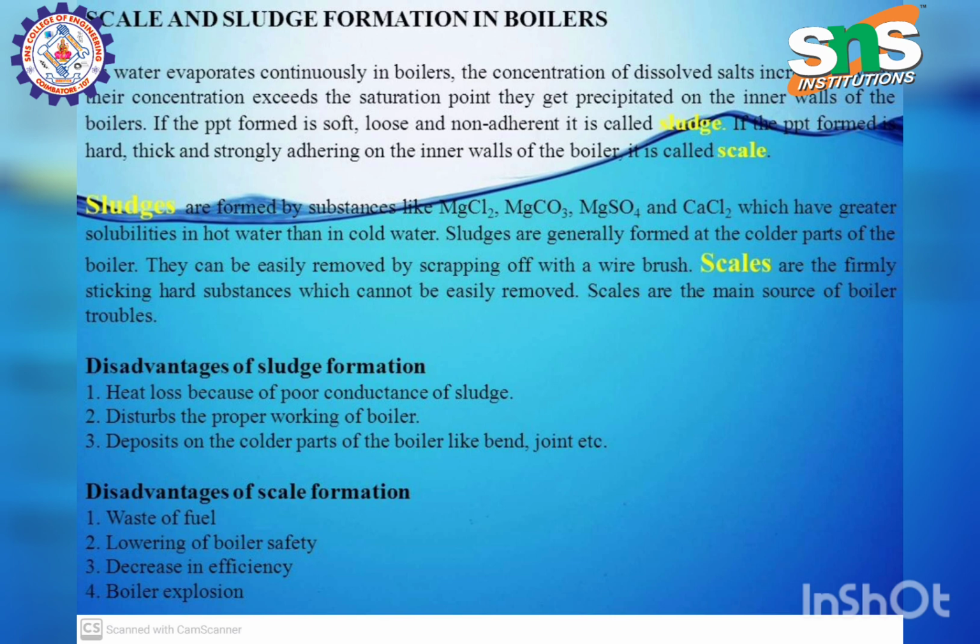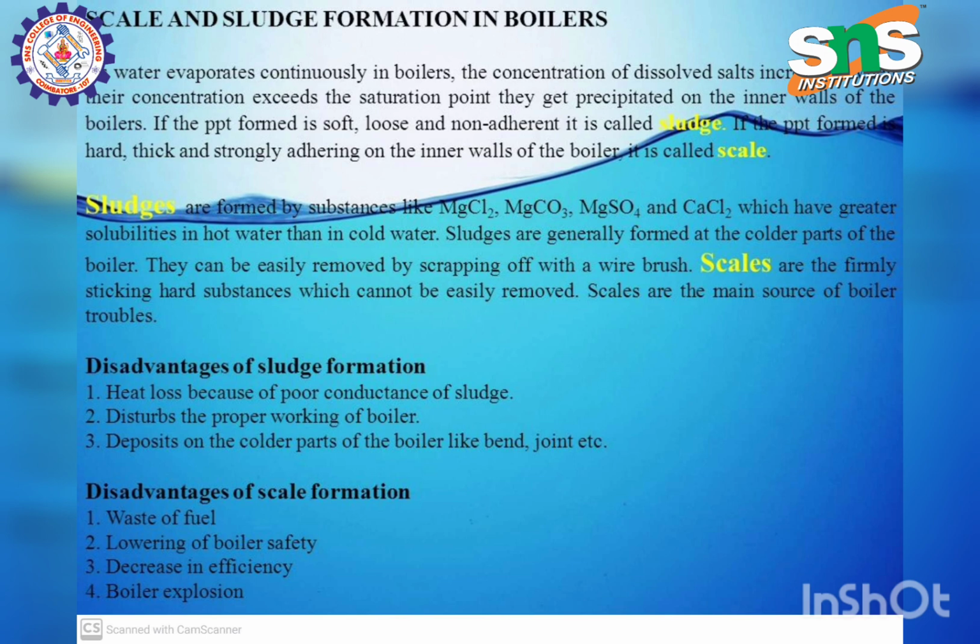The main difference between sludge and scale is that sludge formation can be prevented by softened water and also blow down operation, but scale can be removed by external and internal treatment, and also by dissolving through acids like HCl and sulfuric acid.